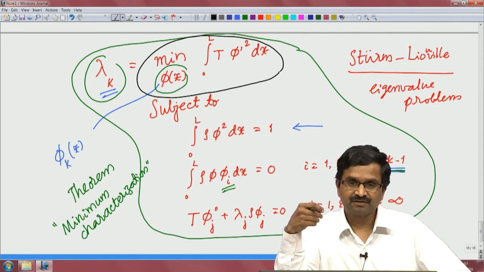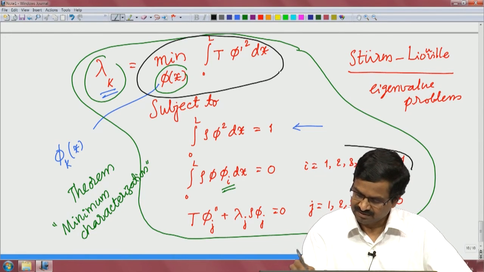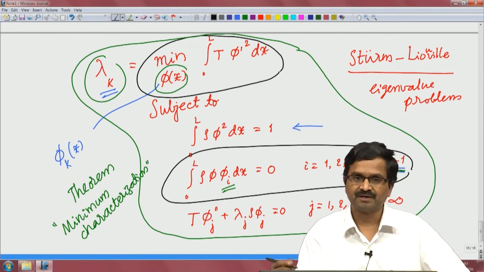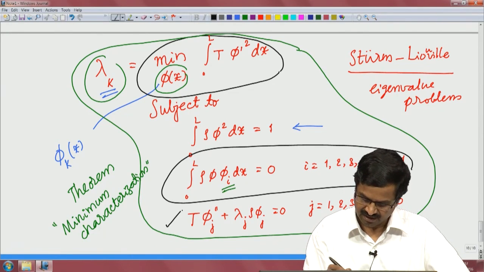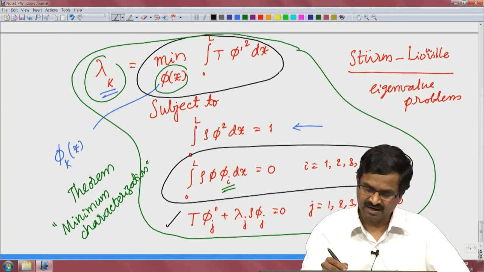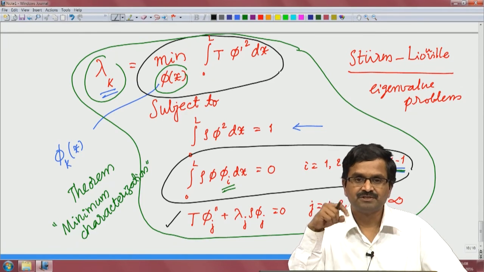Okay. If you want to get the first eigenvalue, it becomes simple, because then for k equal to 1, none of these things will be there. We will just have this eigenfunction relationship. That will be useful for us in structural design, which is what we will consider in the context of buckling.